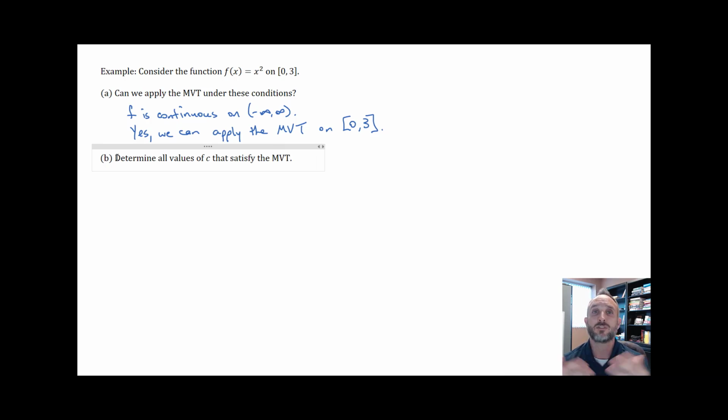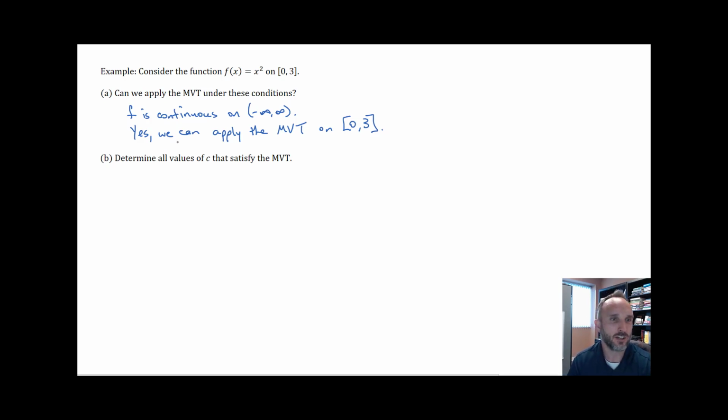Okay, so you have to know the mean value theorem. So we know that there is a C in the interval from 0 to 3, right? We know there is because this function meets the criteria to apply the mean value theorem. So now we have to find all of the C values. Now sometimes there may be more than one, but the mean value theorem guarantees at least one. So there might be more. If there are, we'll find them.